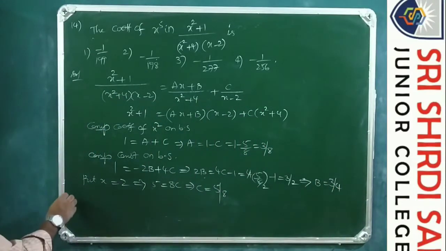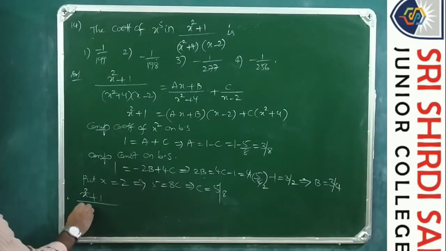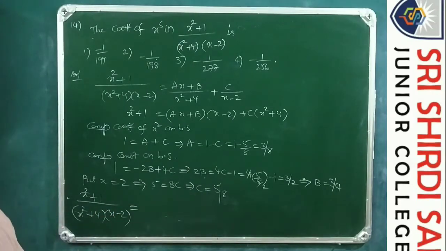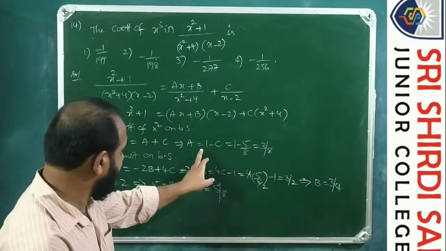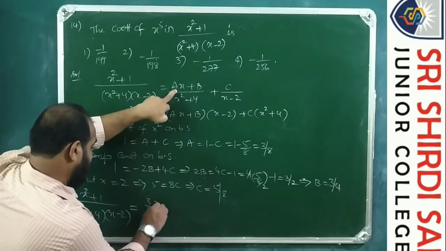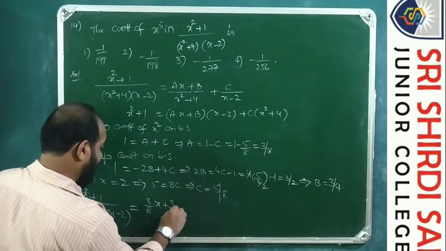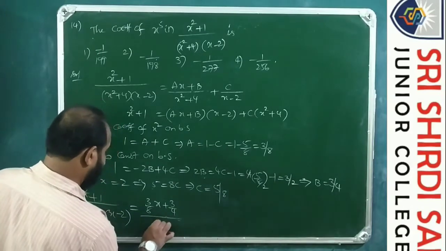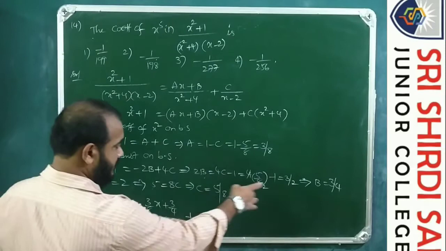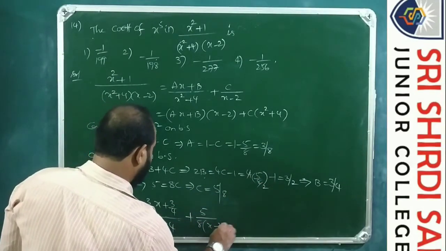So therefore (x square plus 1) by (x square plus 4) into (x minus 2) is equals to the value of a is 3 by 8 into x plus b value is 3 by 4, by (x square plus 4), plus c value is 5 by 8 into (x minus 2).